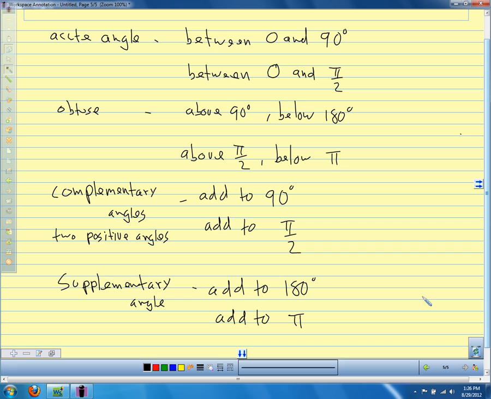So if we have an angle, how are we going to find the complement? 90 minus, or in radians? Pi over 2 minus whatever your angle is. So to find the complementary angle, you subtract from pi over 2. To find the supplementary angle, you're going to subtract from pi. So when it asks you to find the complement and supplement, you're either subtracting from pi over 2 or you're subtracting from pi.